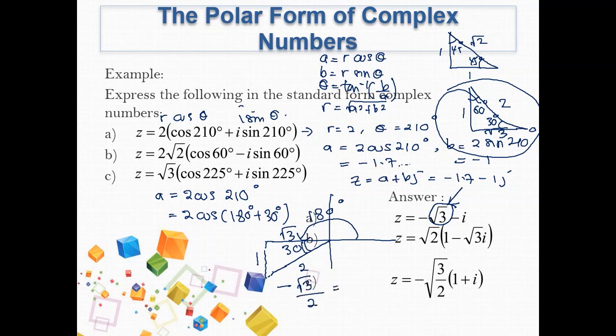So this is cos 210. When we substitute in here, this is 2 times negative square root of 3 over 2. So cancel 2 with 2, and this is where we get negative square root of 3.